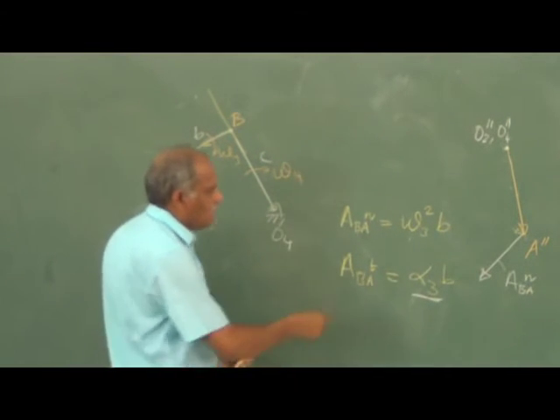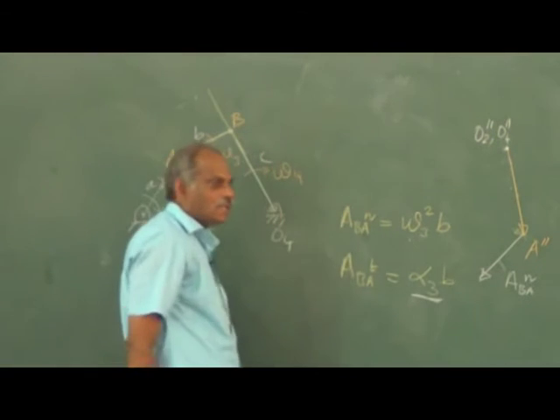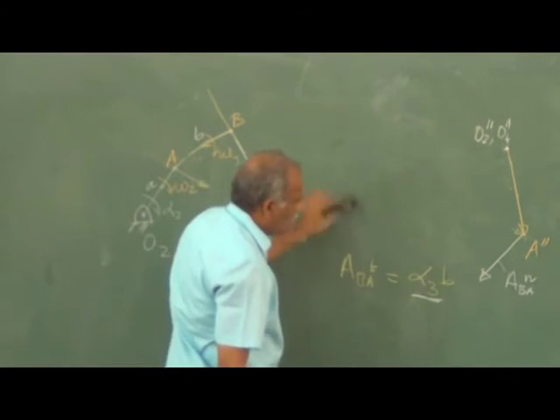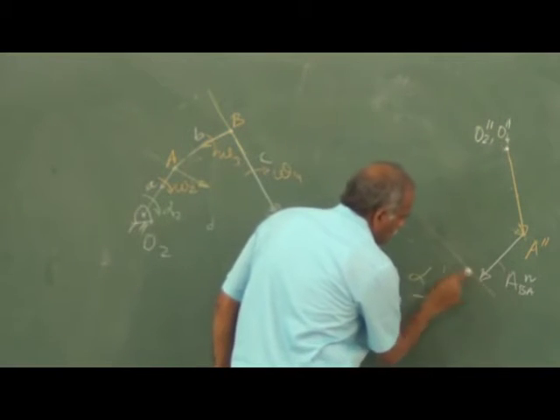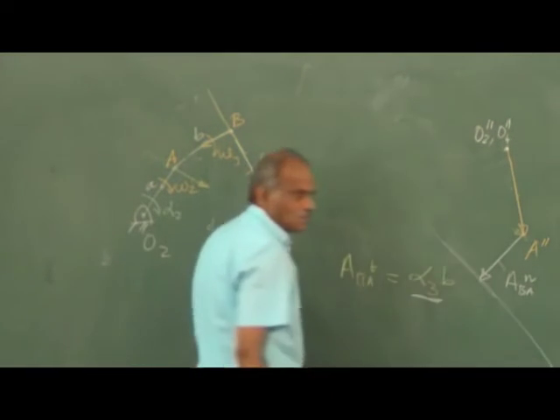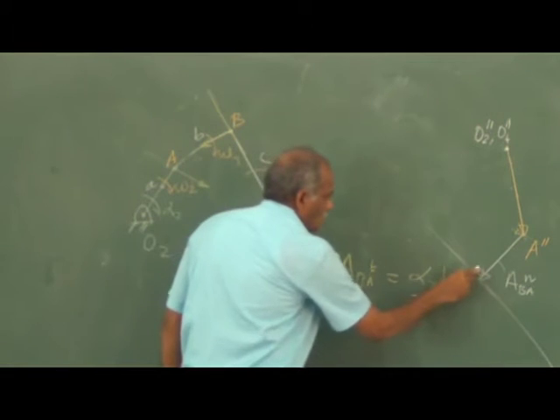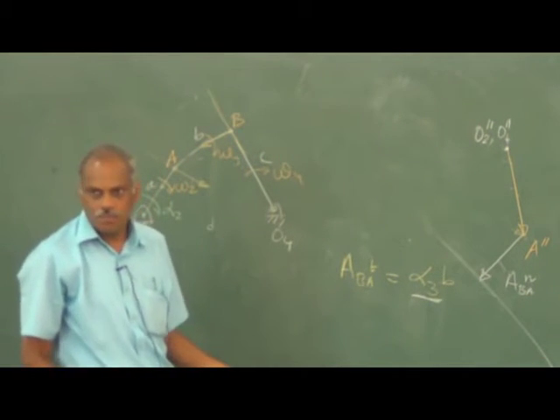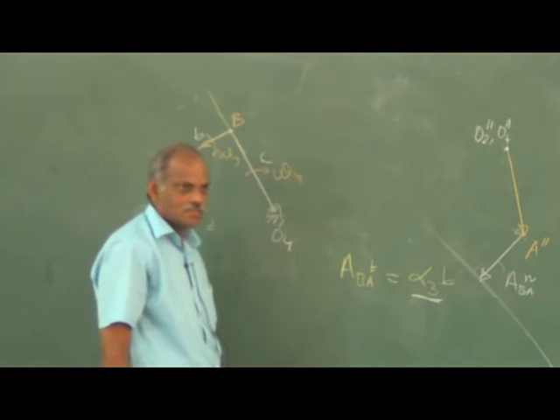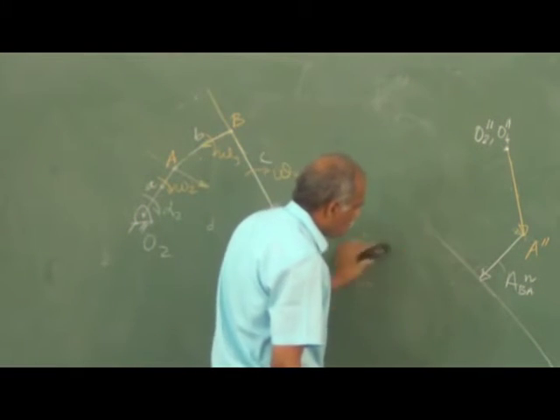So the normal component I can fully get. Now the tangential component will be perpendicular to this, like this, but what is its magnitude? I don't know. So let it be as it is, leave this.